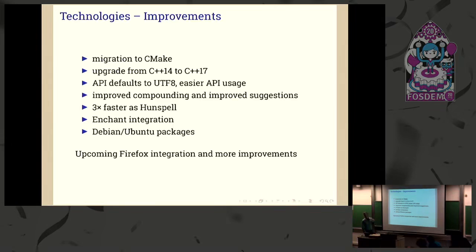The API is easier, as you saw before, in how to set up spell checking. You don't have to tell which character encoding or locale you're using. It defaults to UTF-8. The compounding and suggestions have been improved. It's now 3 times as fast compared to Nuspell. We made an Enchant integration, Debian and Ubuntu packages, and the Firefox integration is coming up.